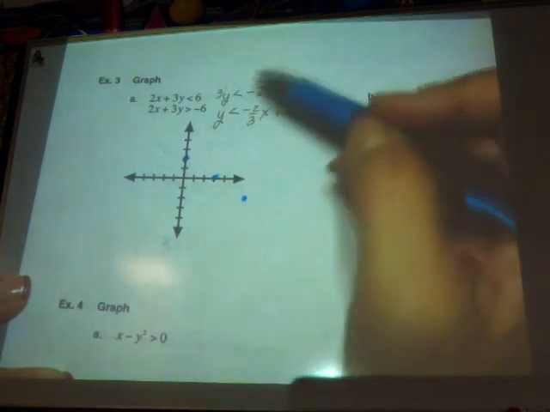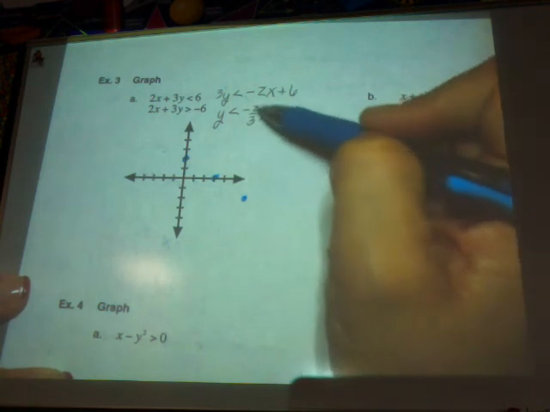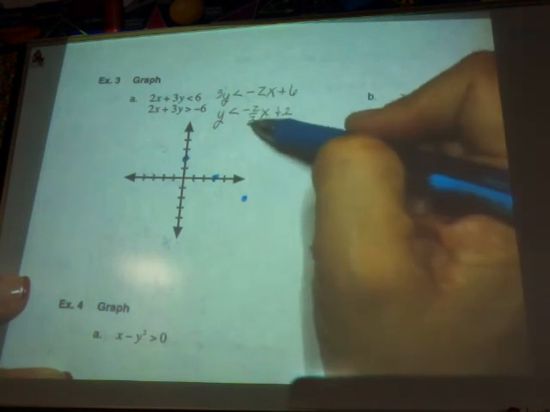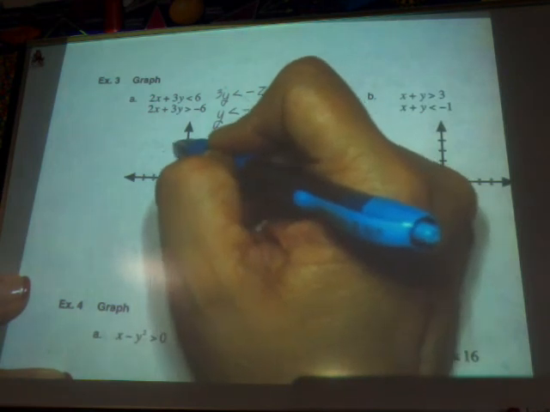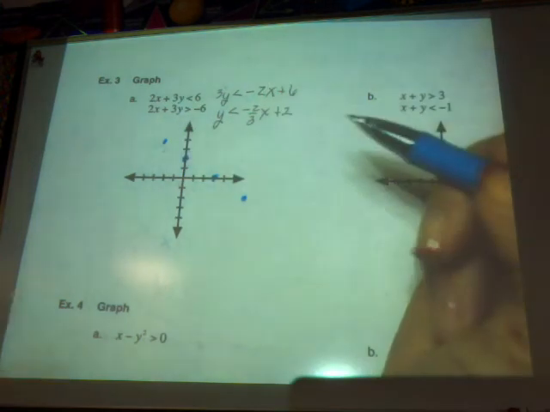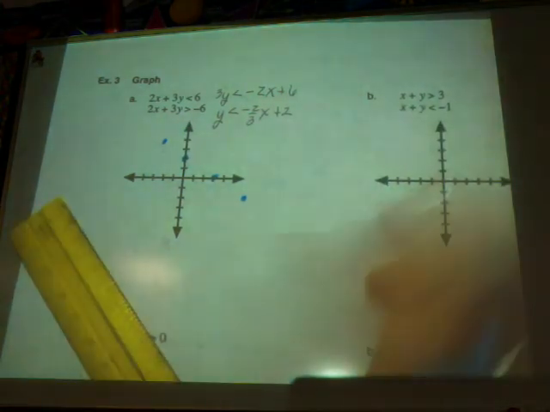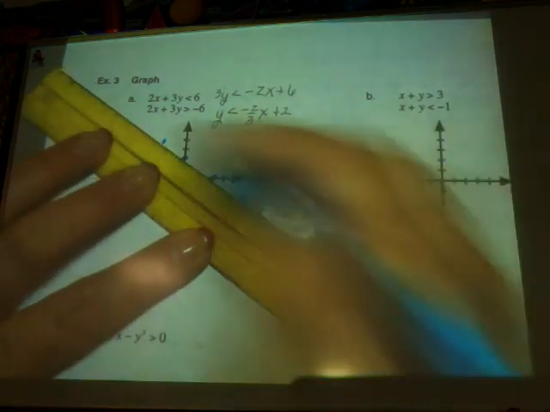I can also reverse it. I can put the negative in the denominator, and I can go a positive 2, but a negative 3. That would mean I'd go up 2, but to the left 3. Is this line solid or dotted? Dotted.